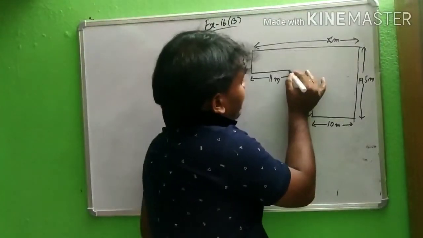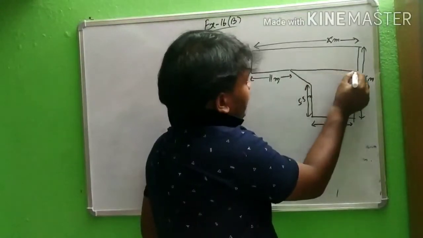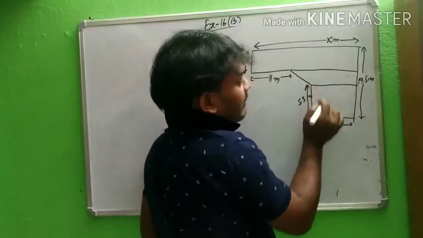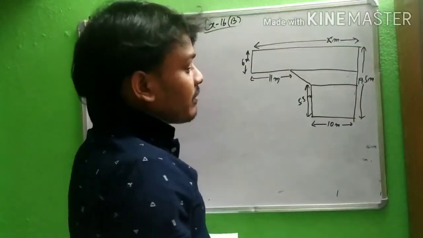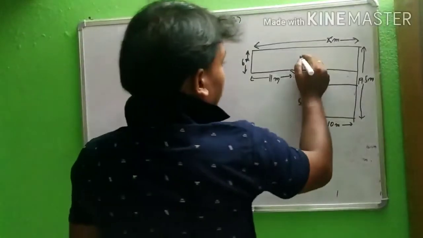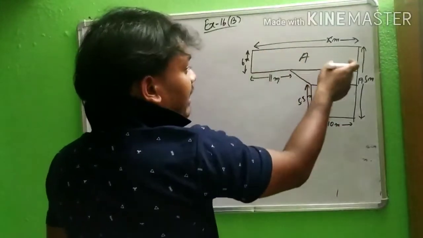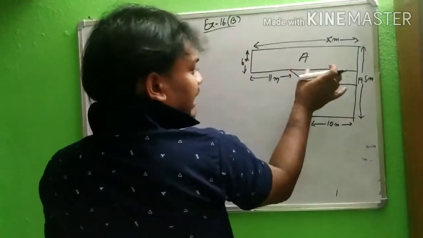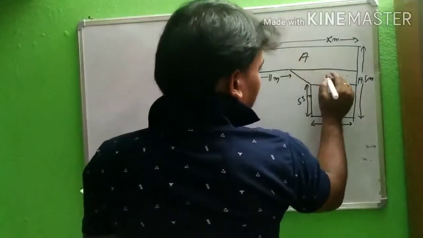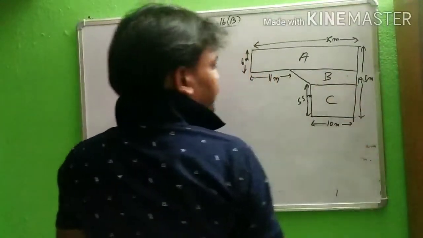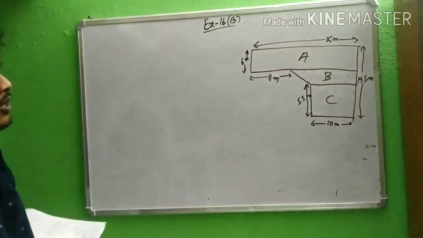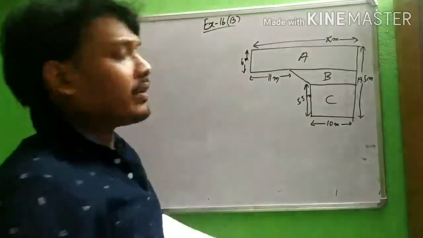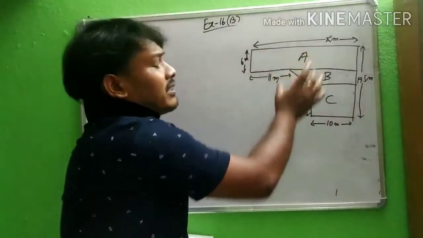If we divide in this way, the first figure becomes a rectangle, the second figure becomes a trapezium, and the third figure a rectangle. Let me name them part A, part B, part C. Length of part A is 25, breadth is also given. So there is no problem finding the area of this rectangle.